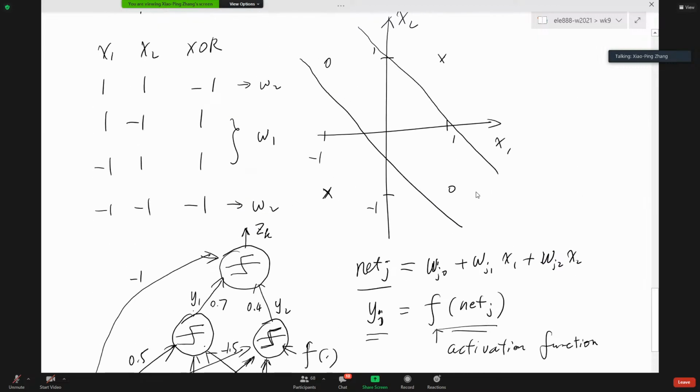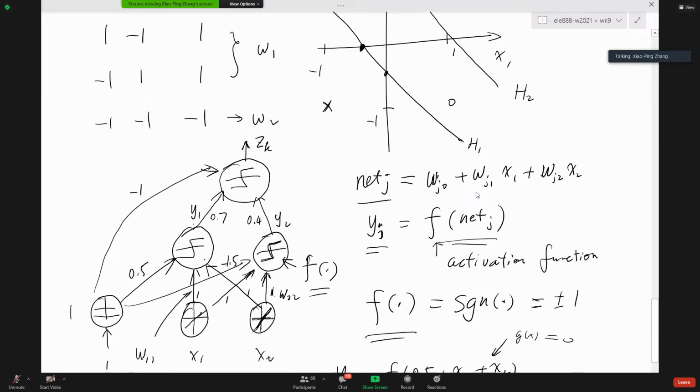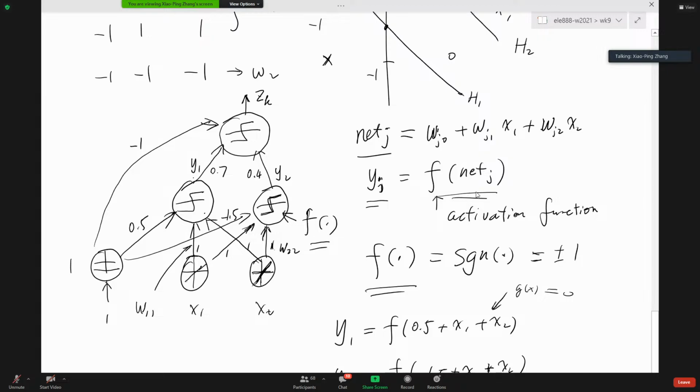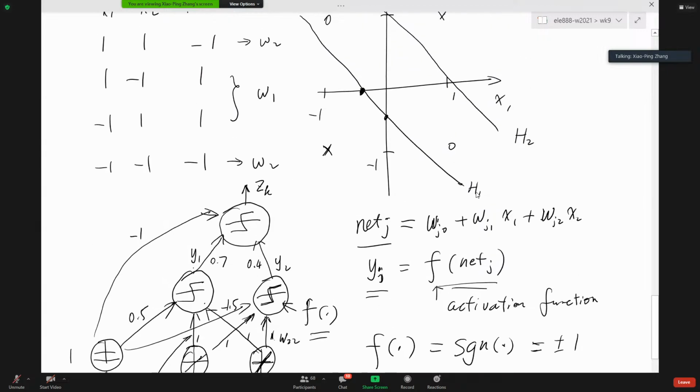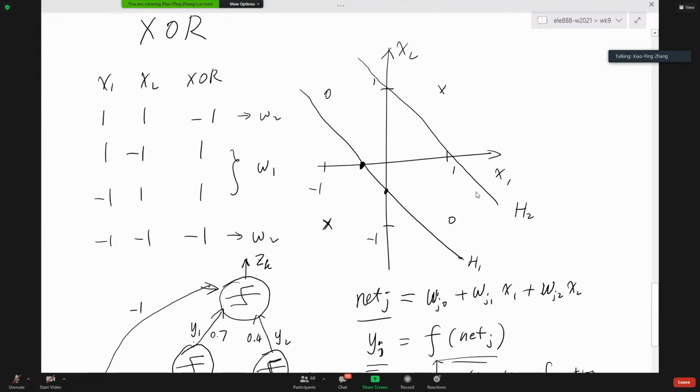Otherwise, this. So this one, let's call it H1, and this one would be H2. H1 is a linear function that generates y1, and H2 is a linear function that generates y2.